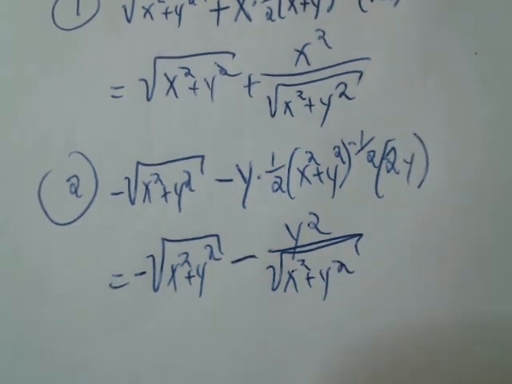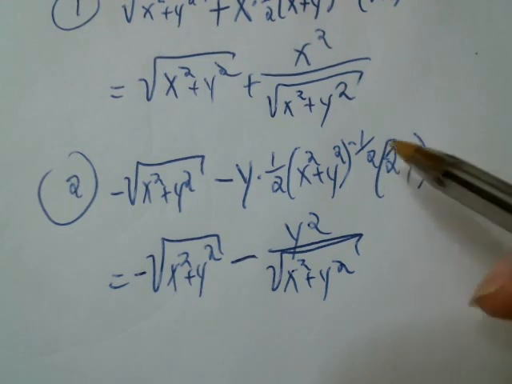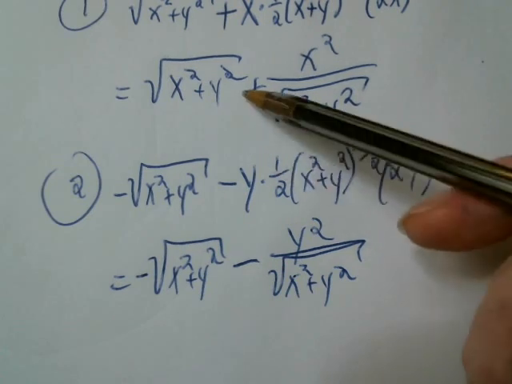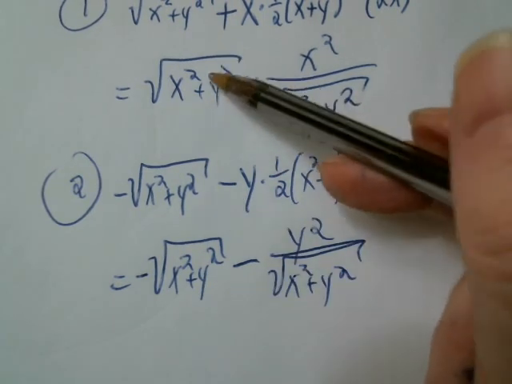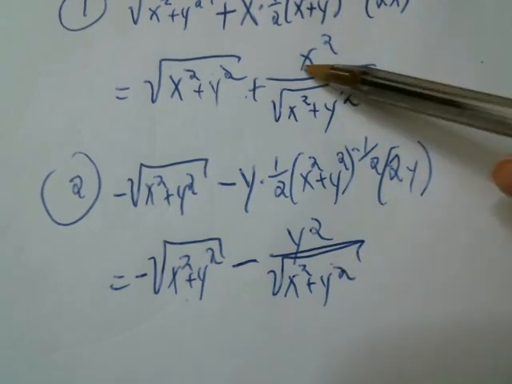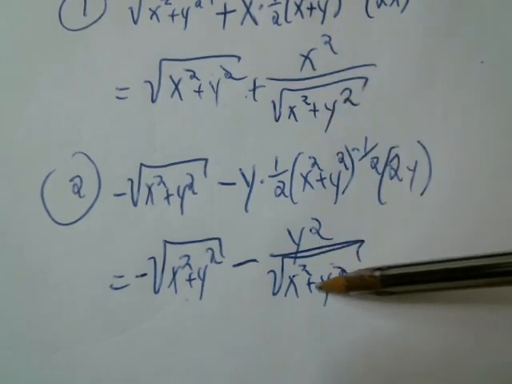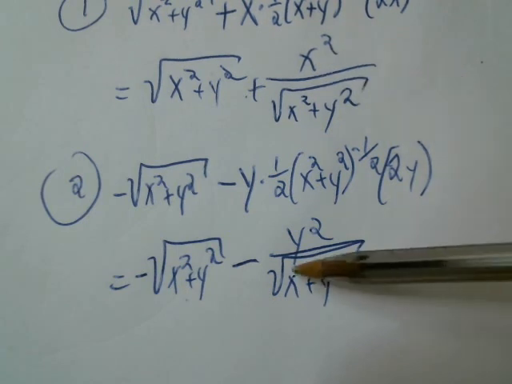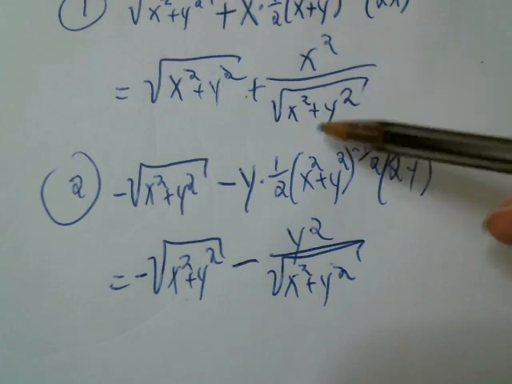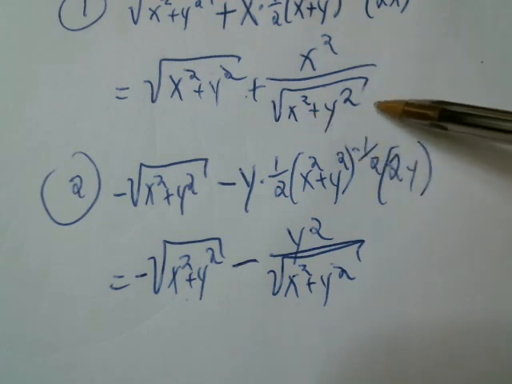All right, this will clean up kind of well. First off, noting when I add, or rather I'm subtracting, right? I have to subtract this and this. So I'll have 2 of these. And then with this and this part, you have a common denominator already. So all you're doing is adding up x squared plus y squared. And you'll have x squared plus y squared to the first power over x squared plus y squared to the 1/2 power.